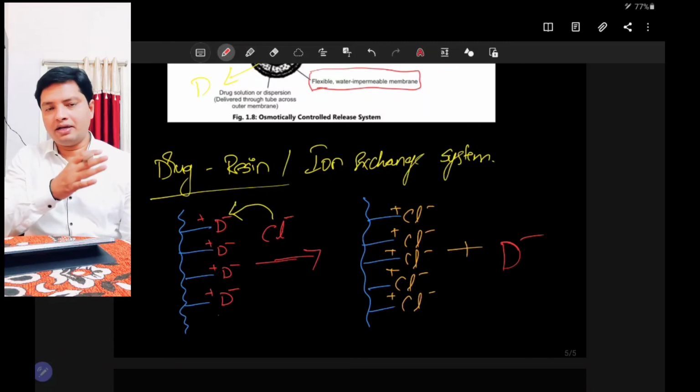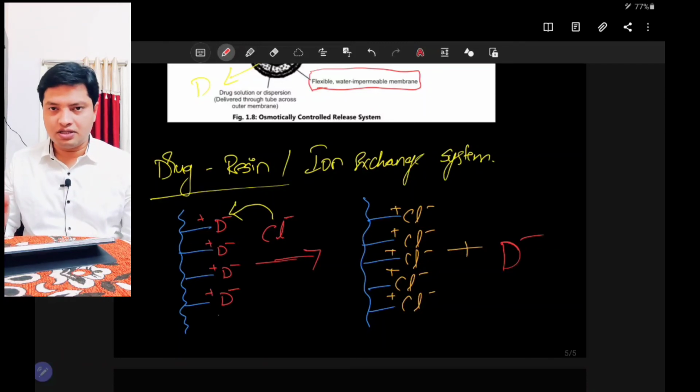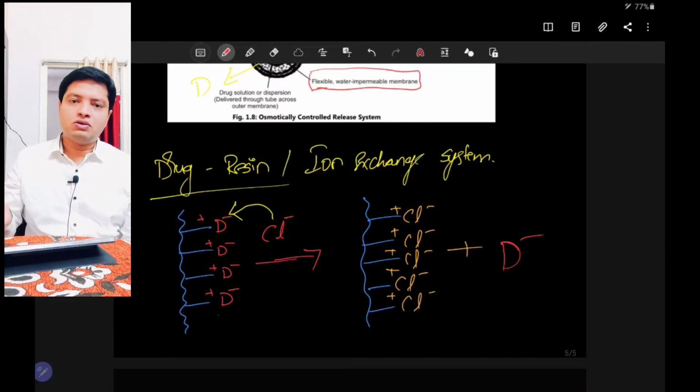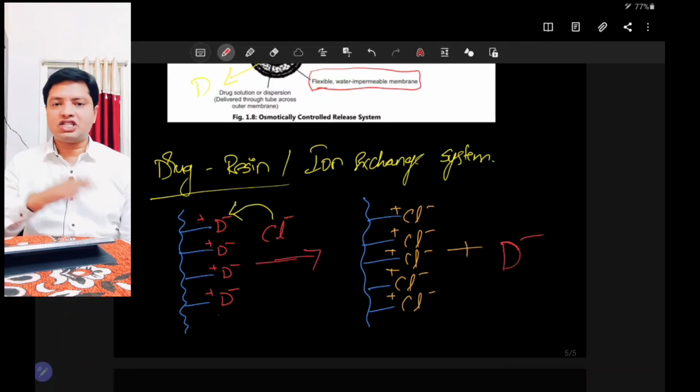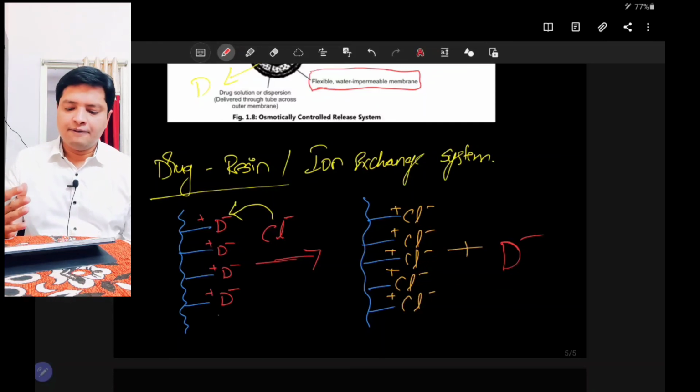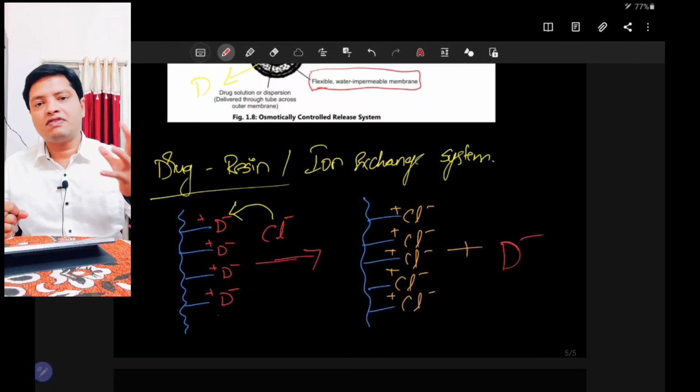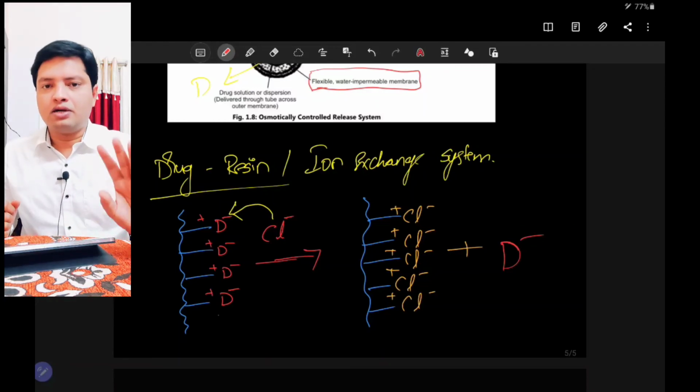The resin will have negative charge, the drug will have positive charge, so a positive ion will replace this drug. So here the exchange of ions takes place: the drug ion is replaced by some other ion. This exchange process takes time and we can control it. Hence, the release of the drug can also be controlled.